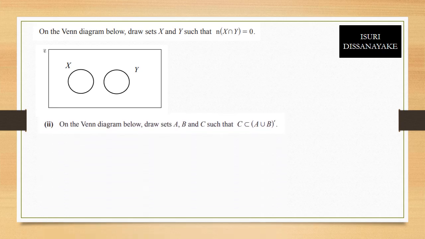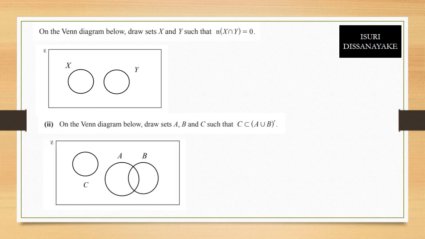Next, on the Venn diagram below, draw sets A, B and C such that C is a subset of (A union B) not. I know this is a little too much for you, but try and see. A union B not means not in A and not in B. Then you have to draw C. This is how we draw it. A union B means over here.